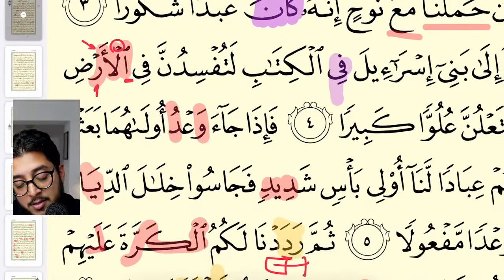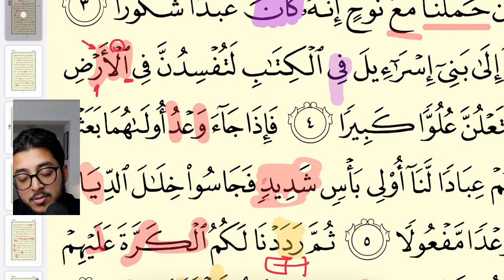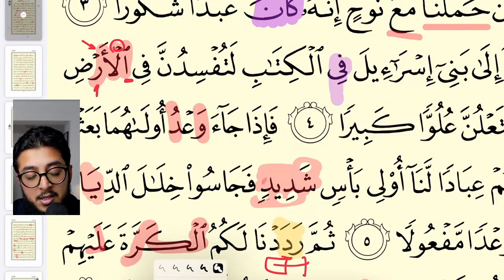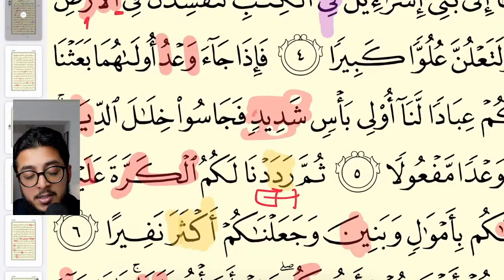Have a look at this. Pay attention. شين فتحة شا, دال كسرة يا سكون دي, شدي, دال فتحة دال كسرتين دين, شديد.